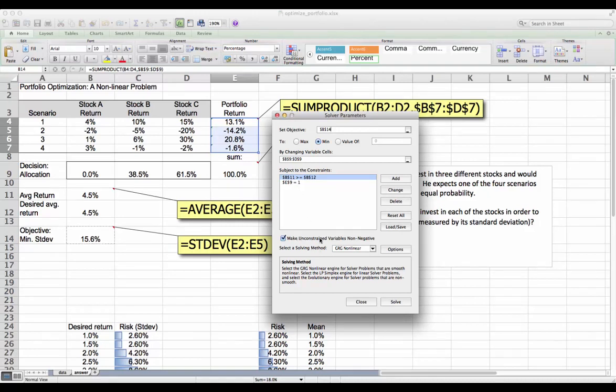And everything is positive, so check this option, make unconstrained variables non-negative, and also select nonlinear. So as we said before, simplex doesn't work anymore. Okay, so let's solve it.